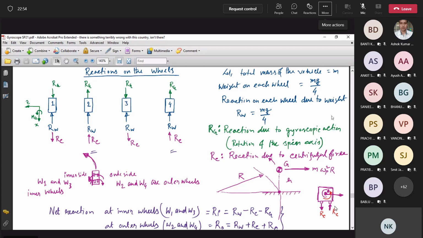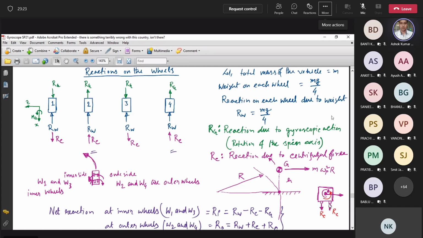Are you convinced with the direction of this RC? These RCs are the reactions on the wheels. I have shown just two wheels. The centrifugal force is acting this way. That means the moment due to centrifugal force is acting this way. That means there is a force due to centrifugal action acting downward here, and acting upward here.